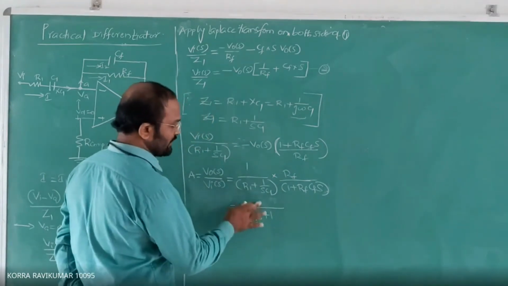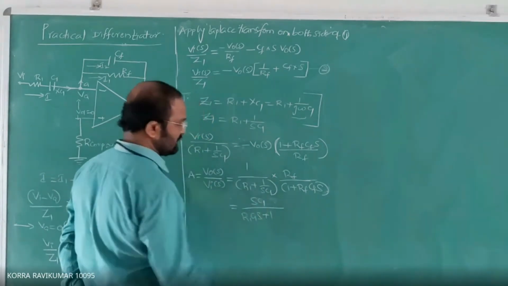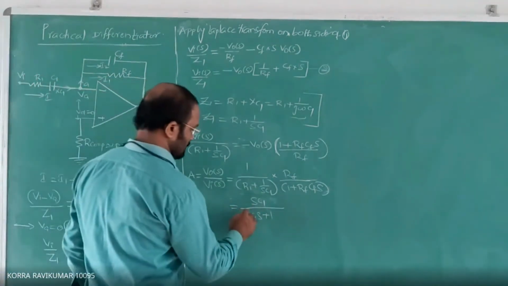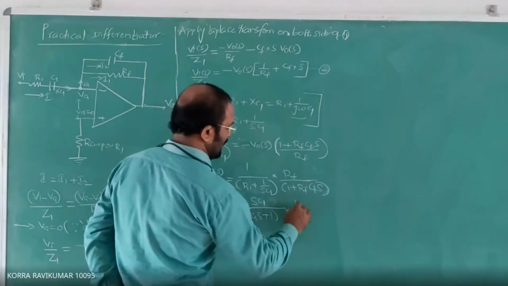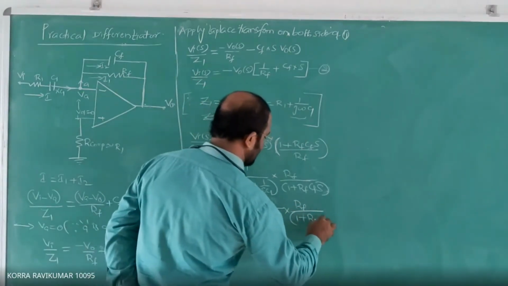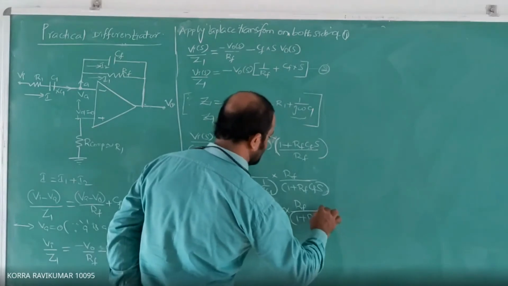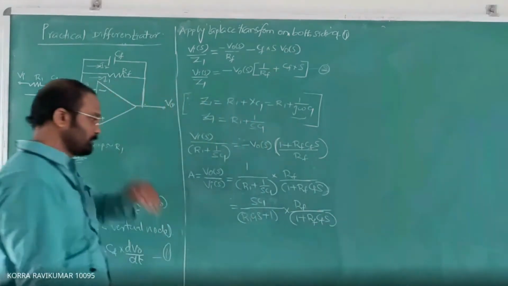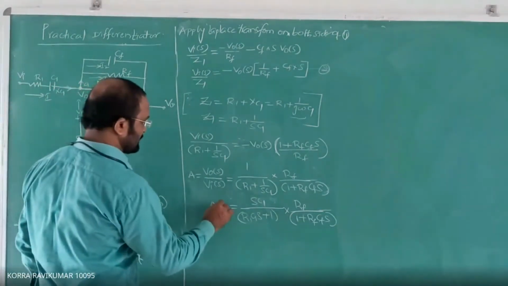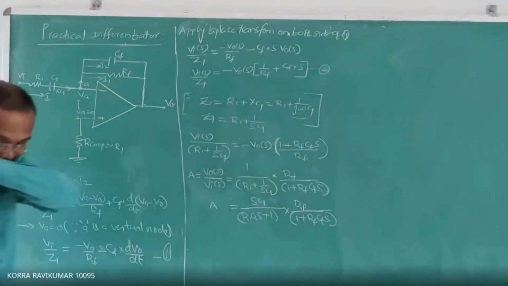It goes to the numerator. That is SC1 into RF by, as it is written, 1 plus RF CF into S. This is the expression for gain A.